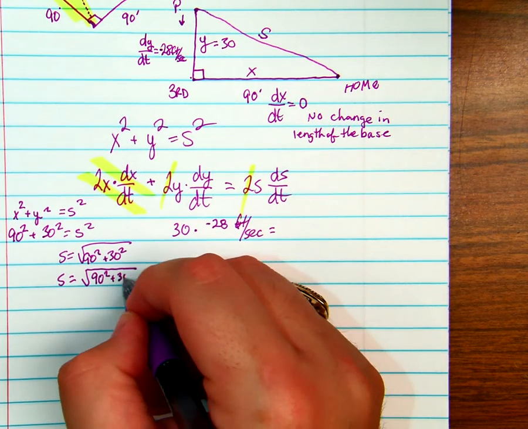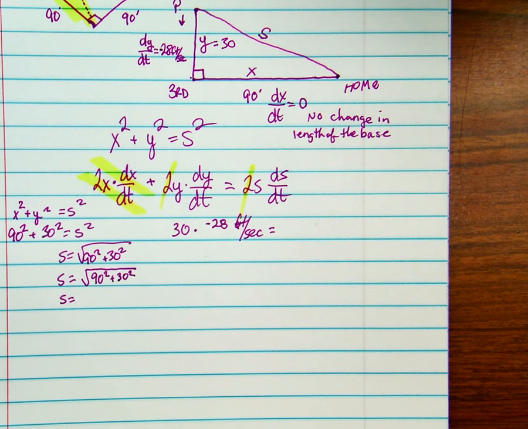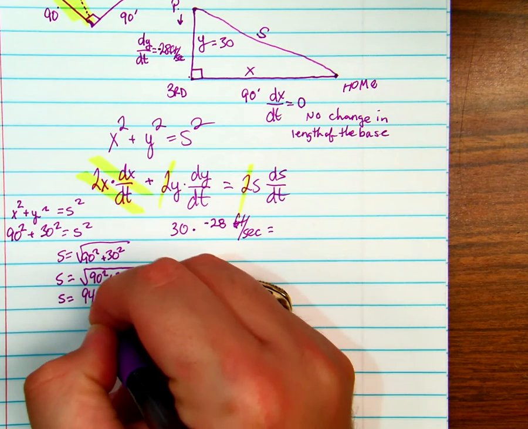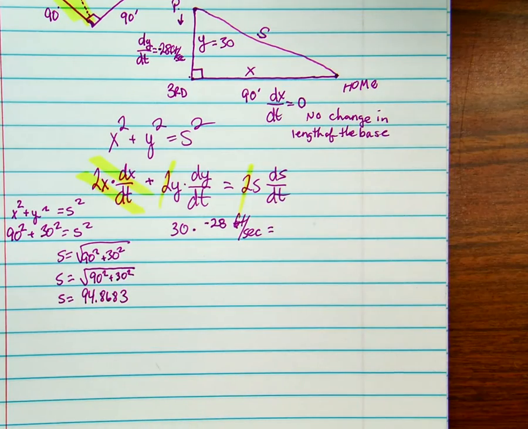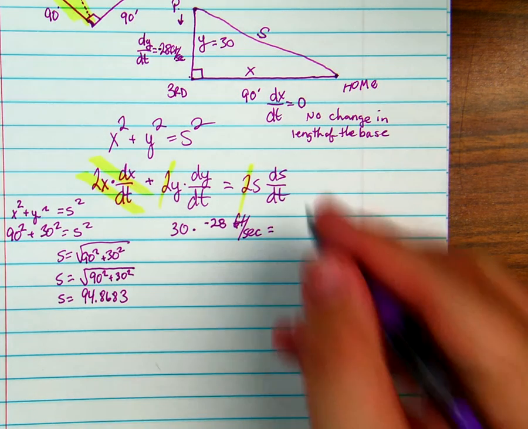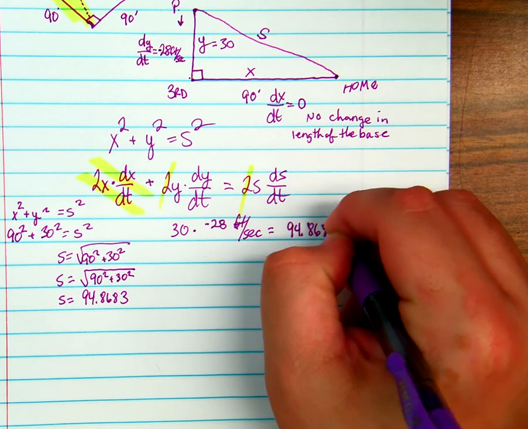All right, so what's the answer? 94.86? All right, so you say 94.8683. Going to 4 decimal places is probably good enough. So this is going to be 94.8683 times ds dt.